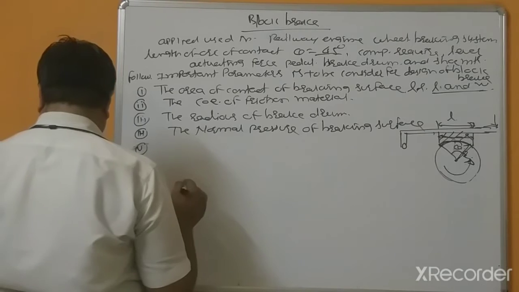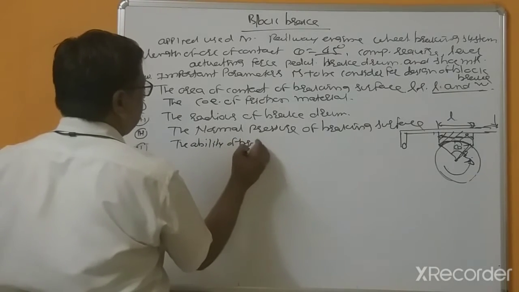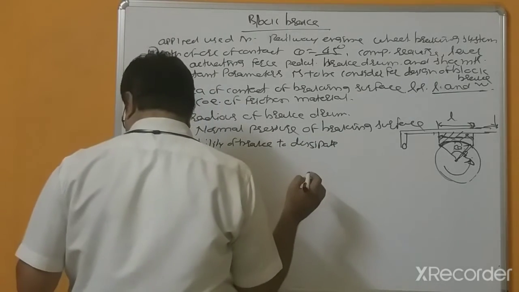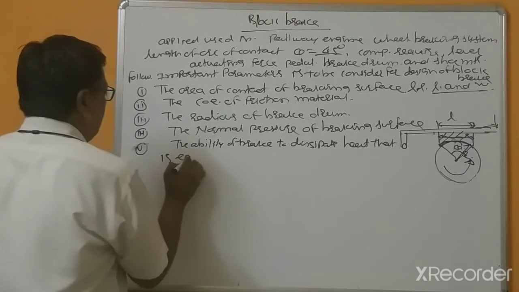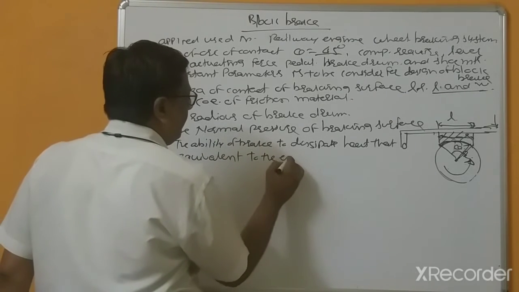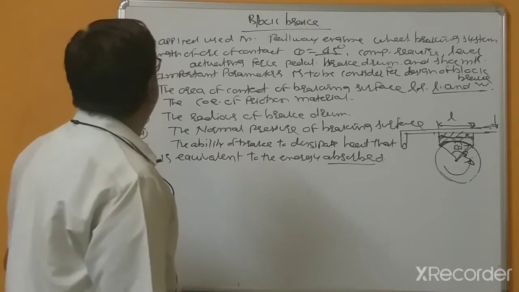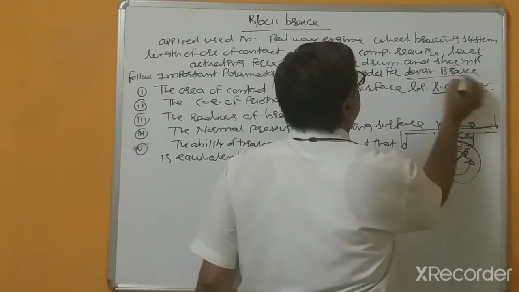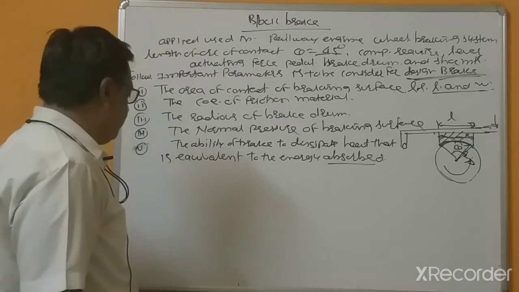So this is for the brake, the ability of the brake to dissipate heat that is equivalent to the energy absorbed. So actually this point is to be considered for the design of the brake. So means any type of the brake. So that we got in the introduction of the brake.